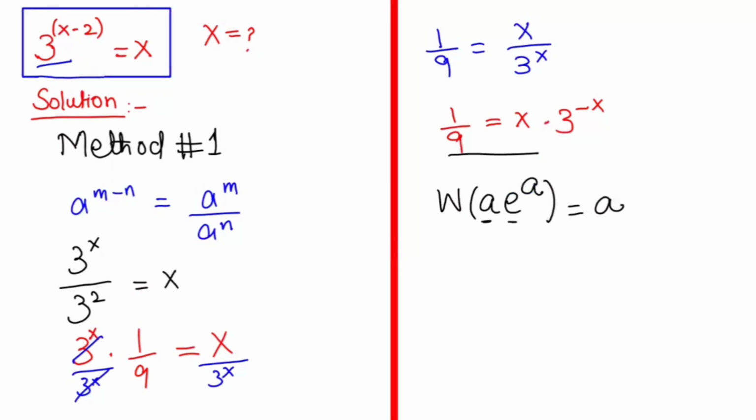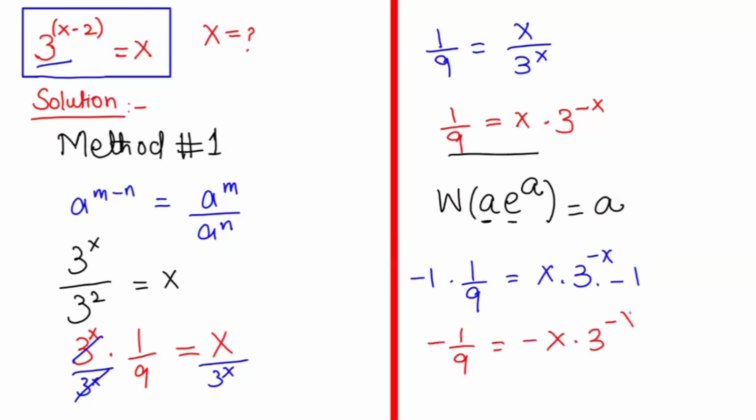So first I will multiply both sides by -1. So -1 times 1 over 9 is equal to -x times 3 to the power of negative x. This equation turns to -1 over 9 is equal to negative x times 3 to the power of negative x.